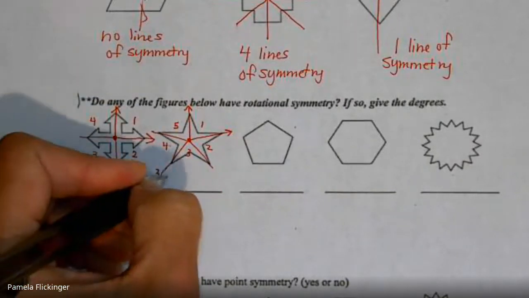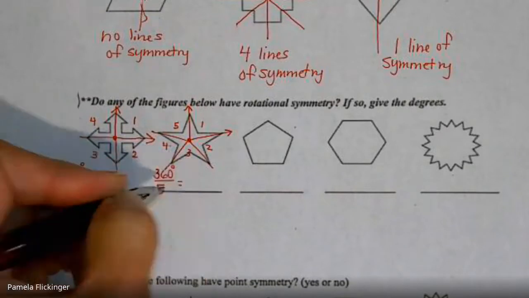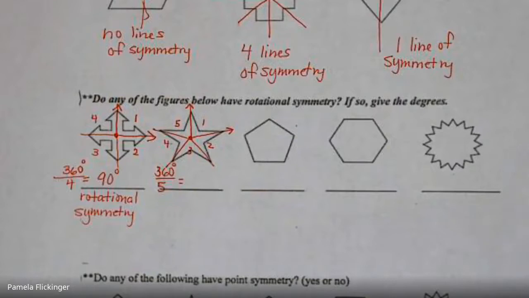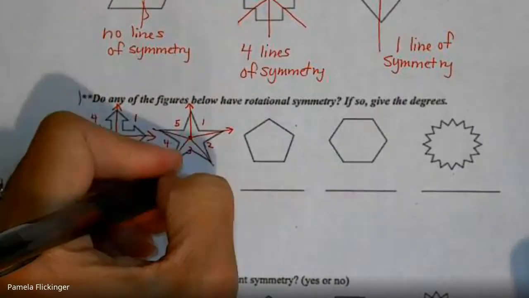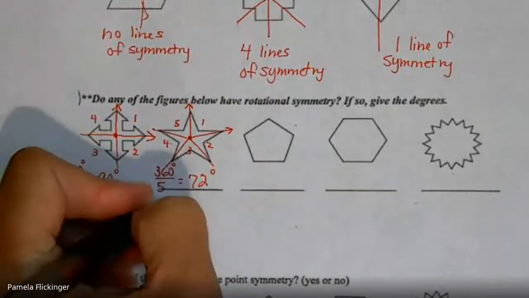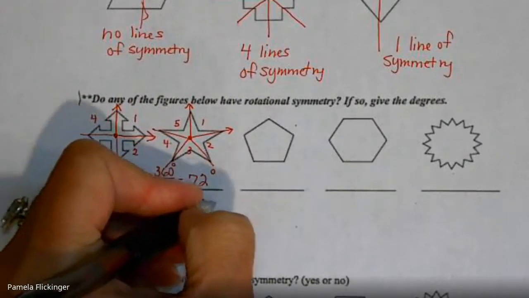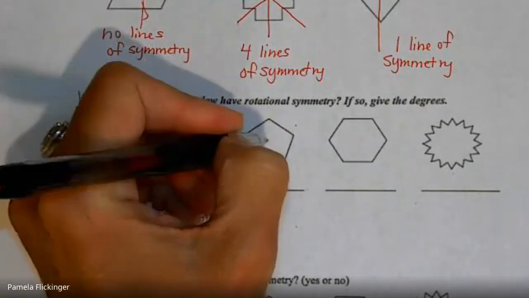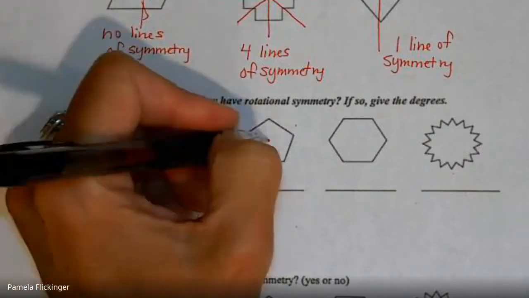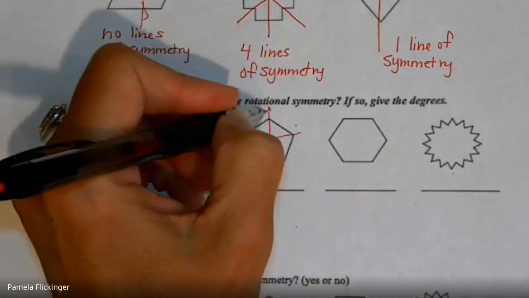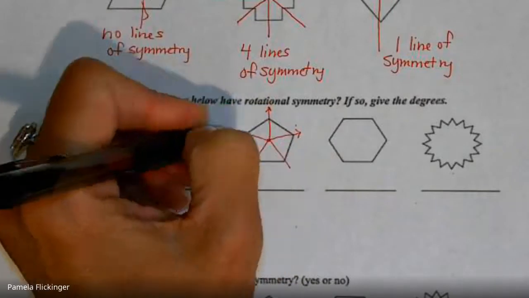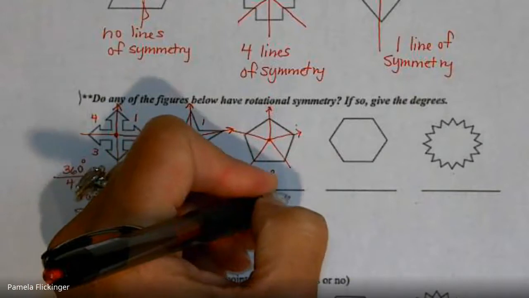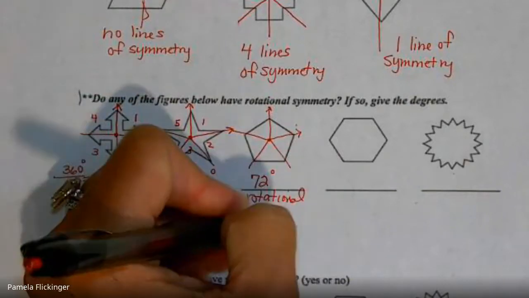So 360 divided by 5, it's going to give me, I believe, 72-degree rotational symmetry. All right, our pentagon, actually, it's going to be the same, right? So this also has 72-degree rotational symmetry.